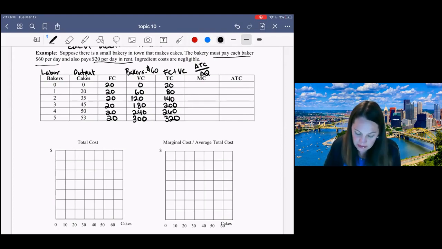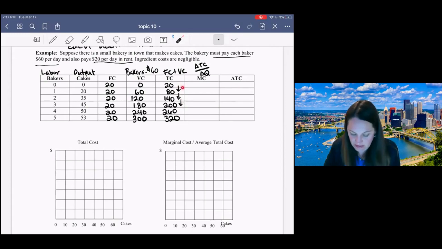The numerator here is the change in total cost. If I look at increasing production from 0 bakers to 1 baker, or 1 baker to 2 bakers, my total cost as I move down this table from one row to the next is always going to be $60.